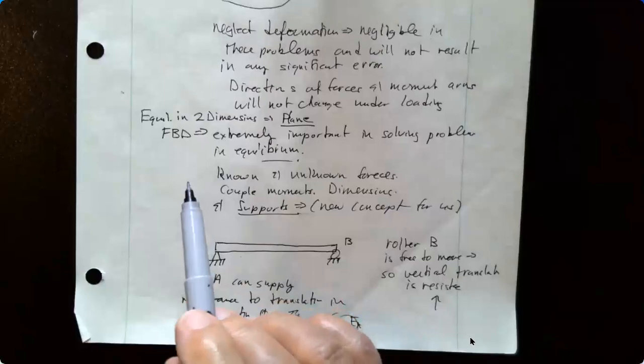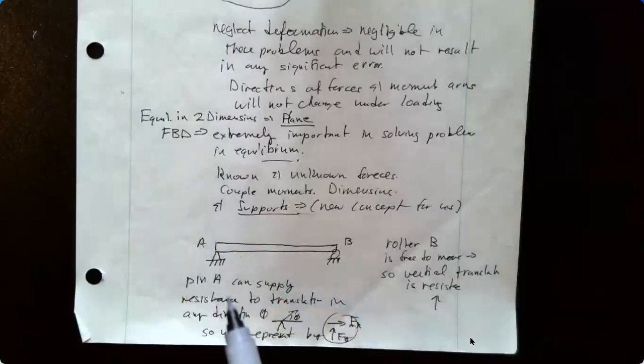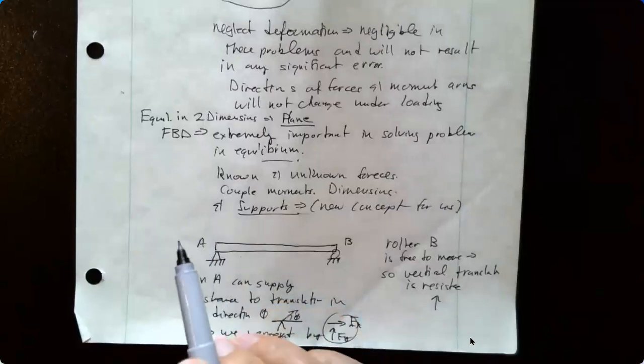And I always tell students, and I emphasize this in class, if you can draw the free body diagram, you can solve the problem, because it's just a matter of taking a moment about a point and summing forces in the X and summing forces in the Y direction. That's all there is. The math is easy.